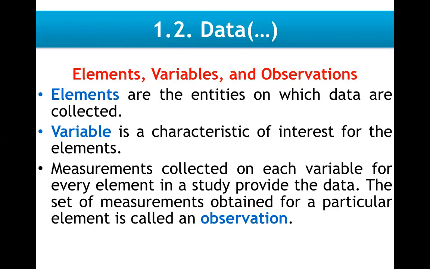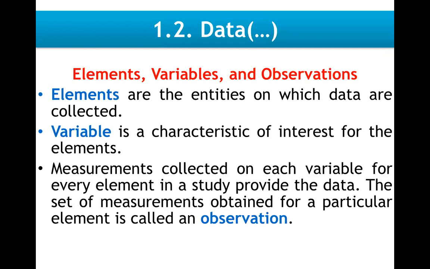First subsection under the data: elements, variables, and observation. What do we mean by an element, by a variable, and even by an observation? So elements are the entities on which data are collected.